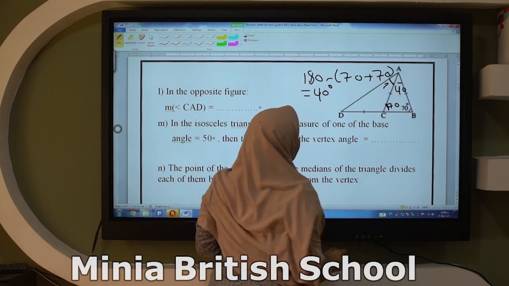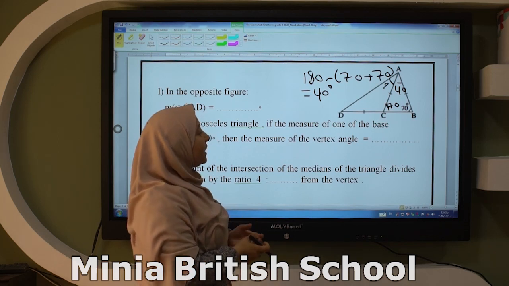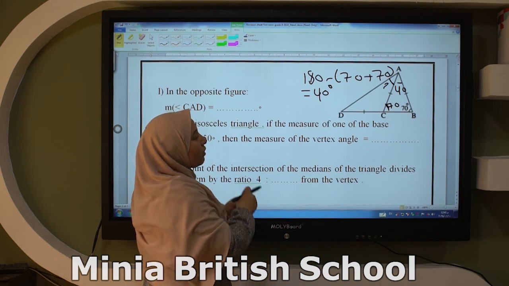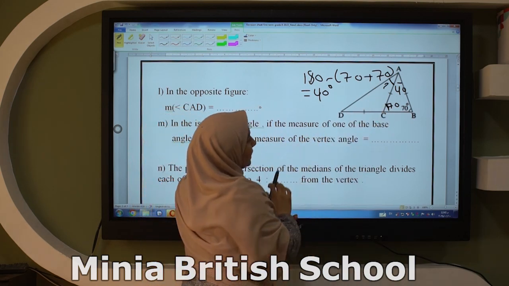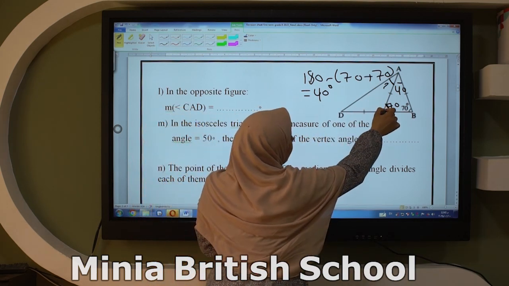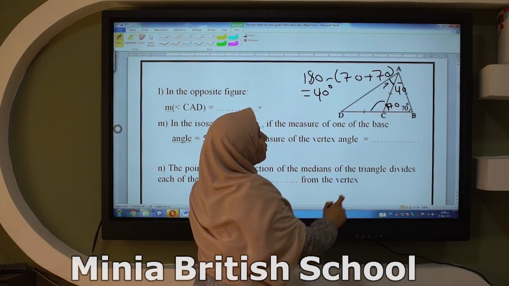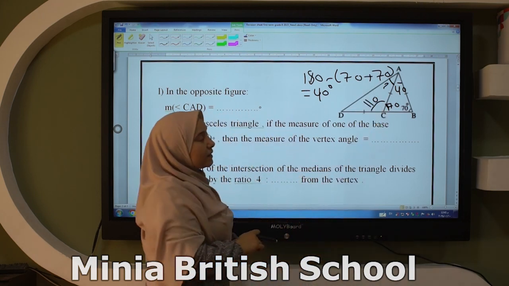Okay, now I need to find the measure of angle ACD. Here also I have AC equals CD, and ACB equals 70, then its supplementary equals 110.